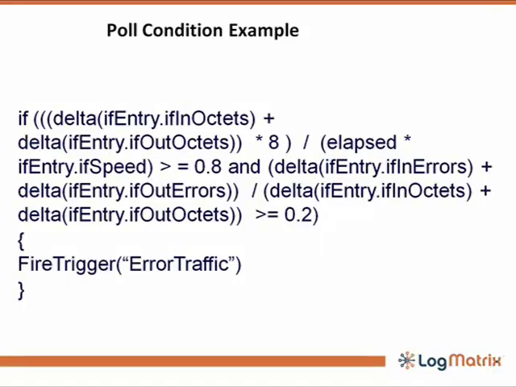If the delta of interface in octets and the delta of interface out octets times 8 divided by the elapsed time times the interface speed is greater than or equal to 0.8, 80%, and the delta of interface in errors and the delta of interface out errors divided by the delta of in octets and the delta of out octets is greater than 0.2 or 20%, then fire a trigger, error traffic.